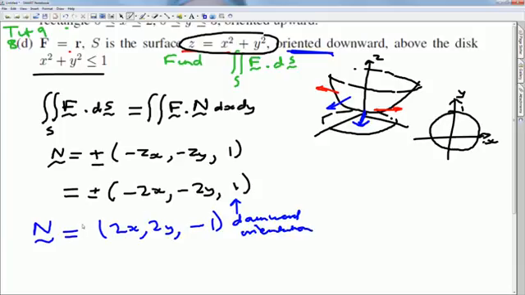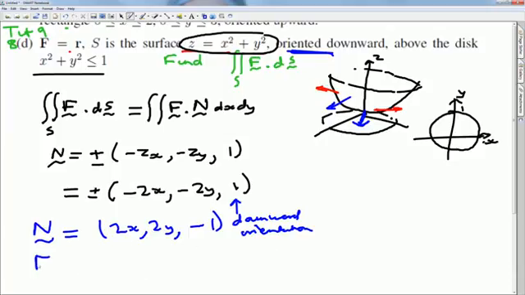Let's say we work out capital N. This is not a unit normal anymore, nor do we have to have one, so you don't have to worry about that, fortunately. Because we've used non-standard parameters, where the parameter is the shadow rather than the surface itself, it takes care of it, which is good.